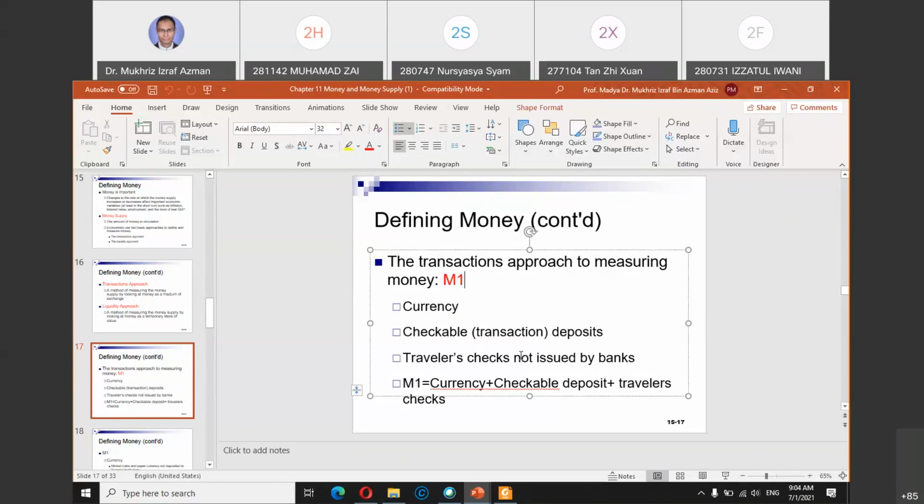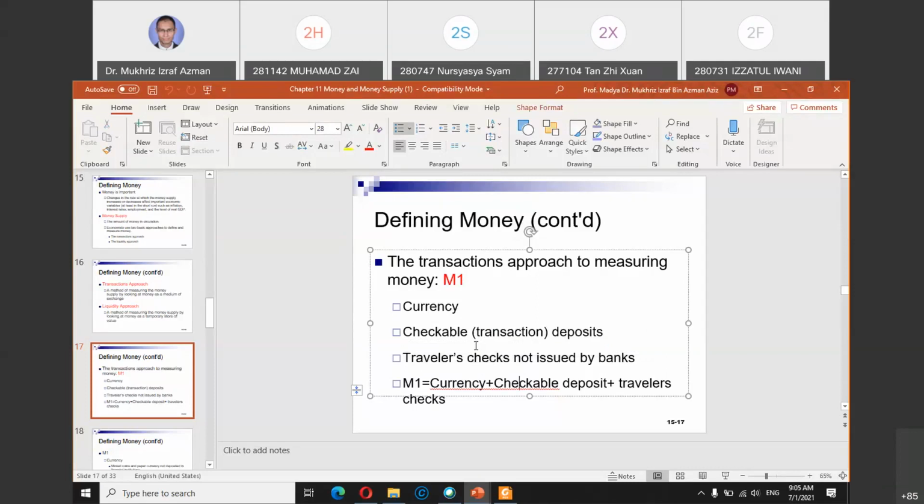You can Google on the internet to see what traveler's checks are. Of course this is not something everyone uses very commonly, but currency and checks are the most common ones. You can Google how a traveler's check looks like and see what its purpose is. Personally, I haven't used or even seen a traveler's check.